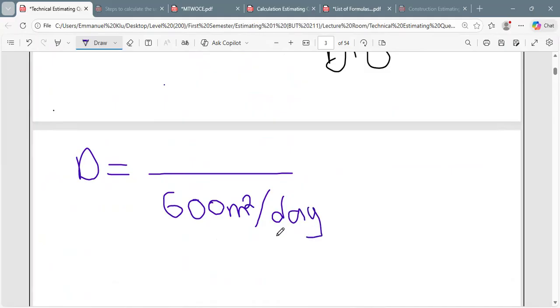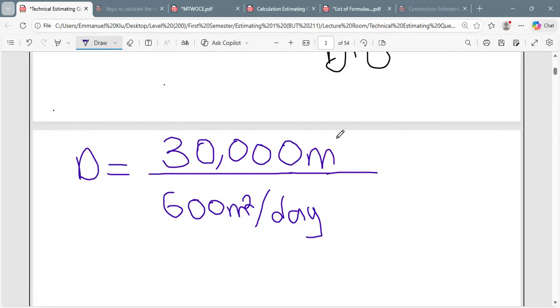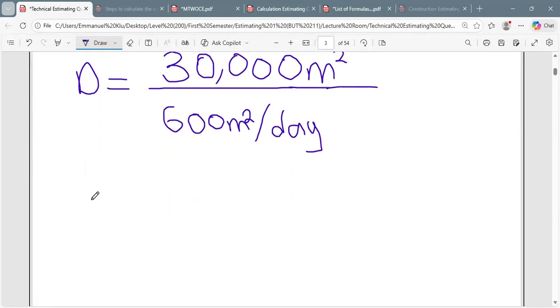At the end of the day, meter squared has to cancel meter squared for you to get your answer in days. So we are going to put 30,000 meter squared over 600 meter squared per day.